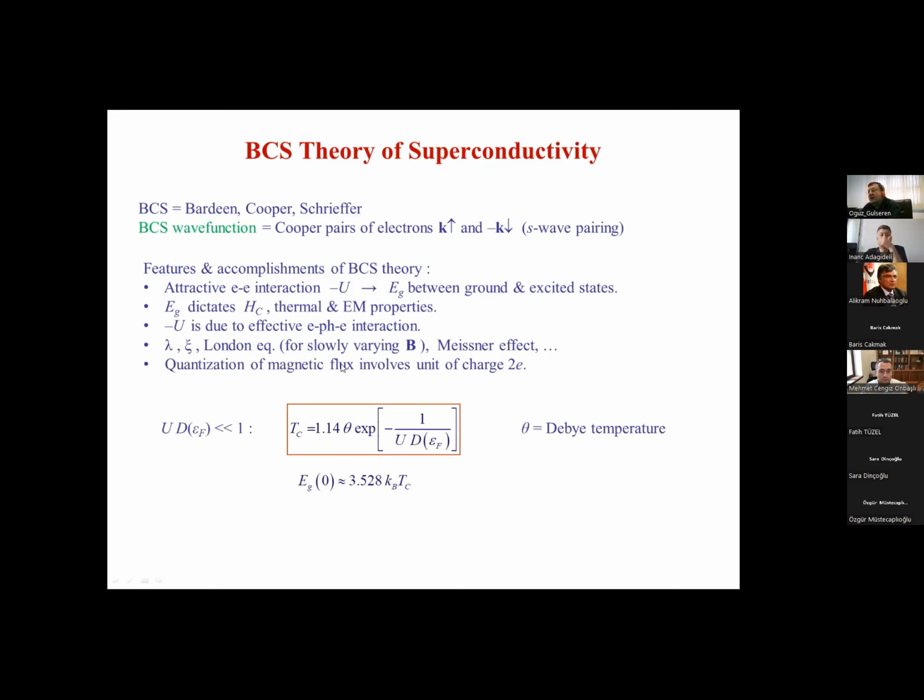Later on, a different type of superconductors was discovered, like the high TC materials. These are based on ceramic materials. They don't obey BCS theory. They have more complicated structures, but these basic principles still hold.